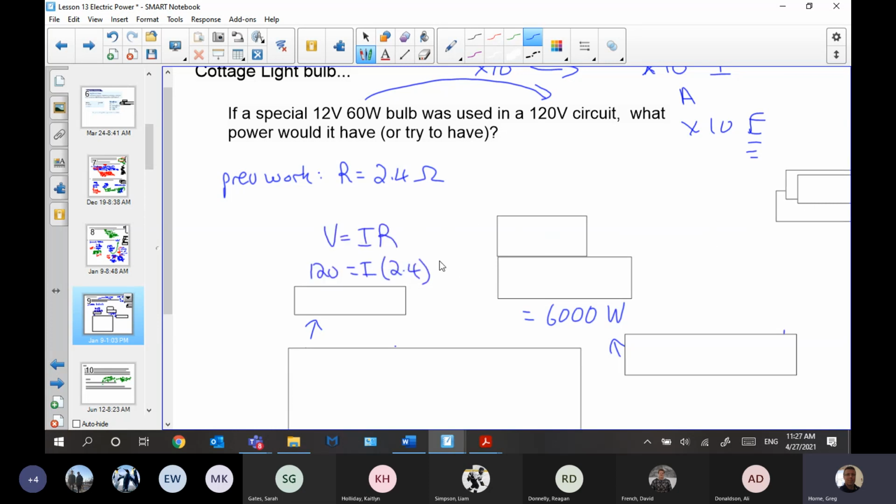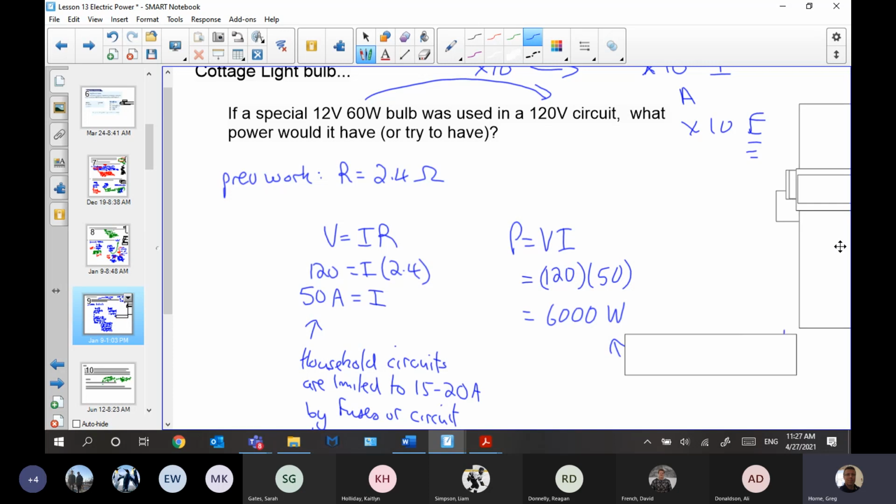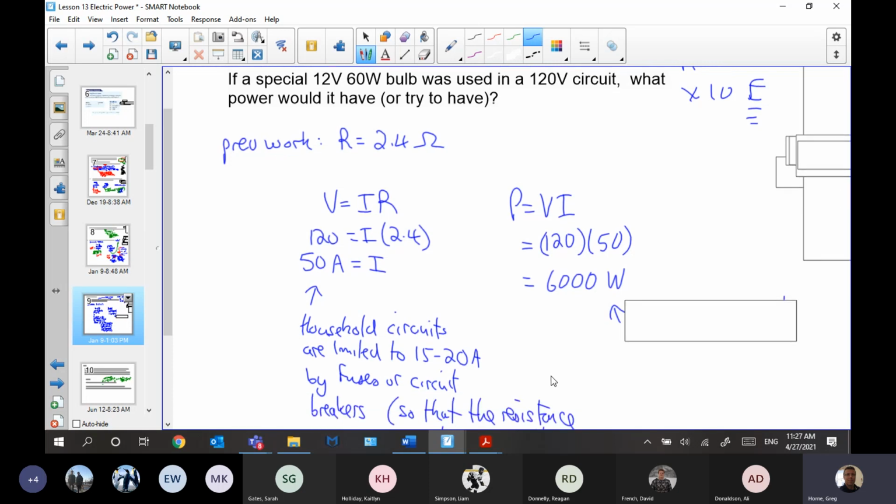Because we have 10 times as much current flowing, it's going to try and draw 50 amps. And if the bulb didn't melt instantly, which is what would happen, instead the circuit breaker in your house would blow, because the circuit breaker is not going to allow 50 amps. They only allow 15 to 20 amps.